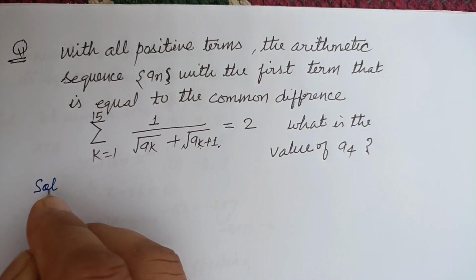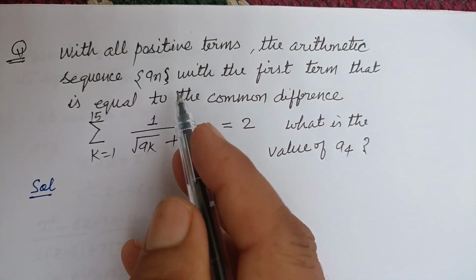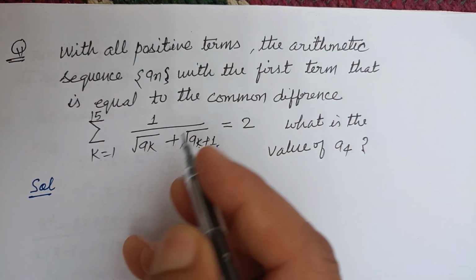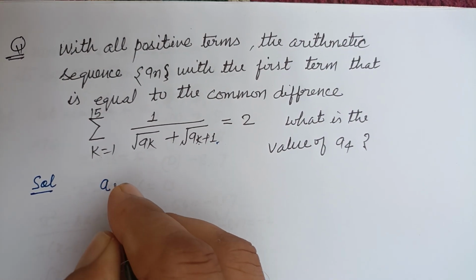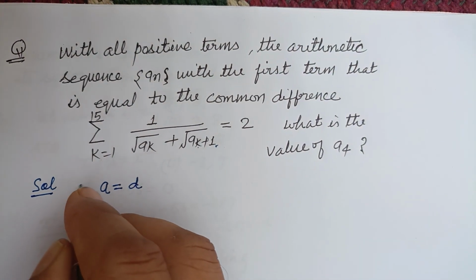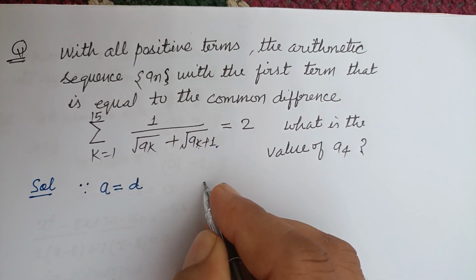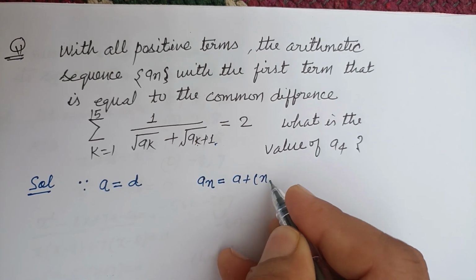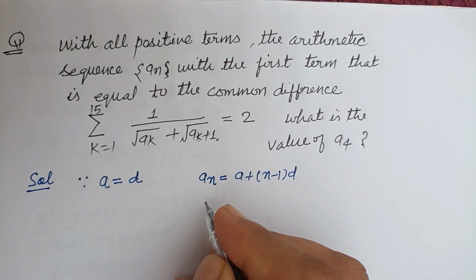So student, here it is given that the first term is equal to the common difference, a equal to d, and you know that a_n equal to a plus (n minus 1) into d.